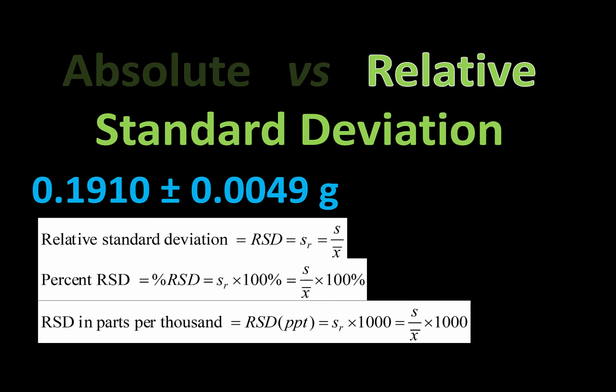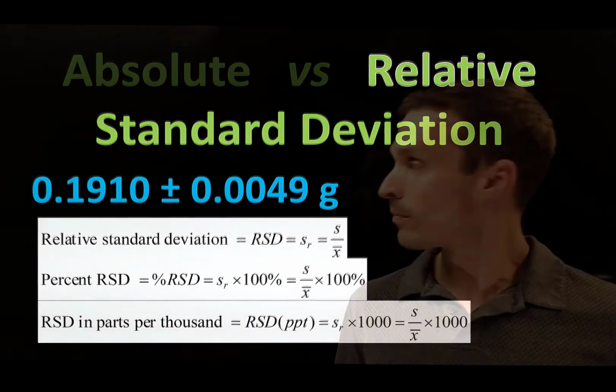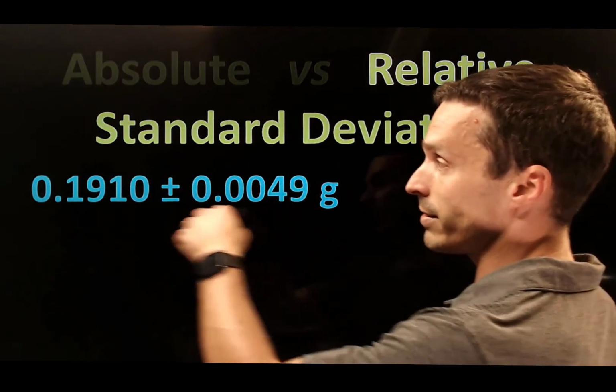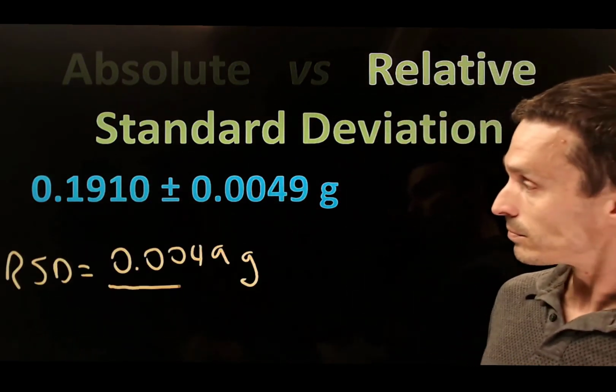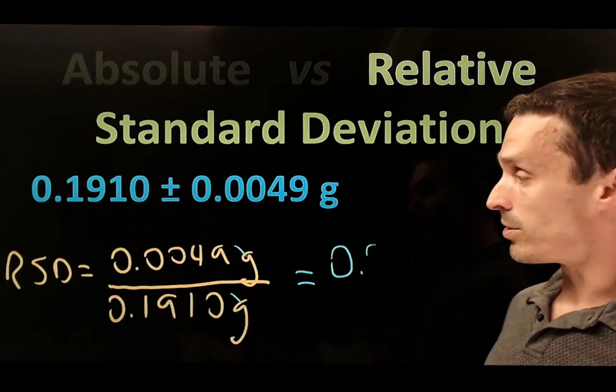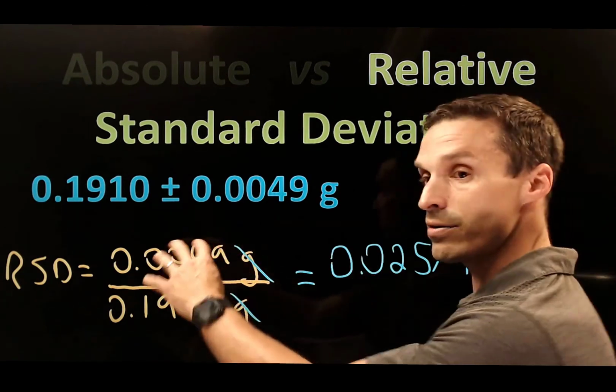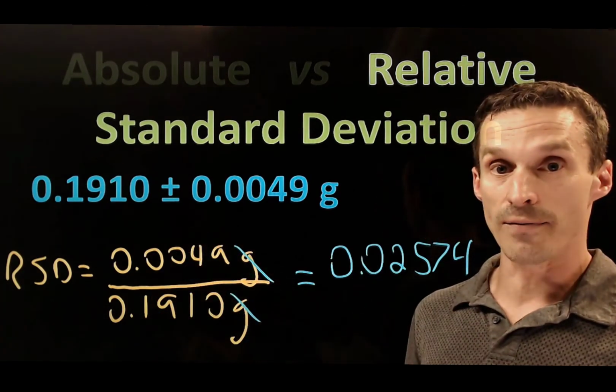The relative standard deviation is just a different way of reporting it, and we're going to get rid of the units entirely. You could think of it as a fraction or almost like a percent. Relative standard deviation comes about by dividing the standard deviation by the average. When you do that, you see that the units cancel out. So the number that we have is just a ratio, the standard deviation divided by the average.